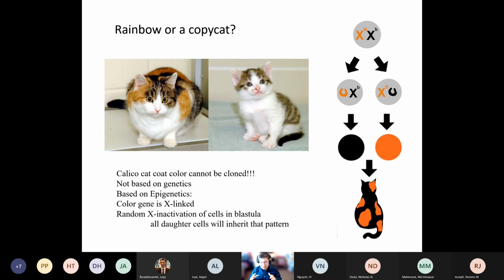It happens once the embryo is implanted. During the stage when you isolate embryonic stem cells, X inactivation will occur, and that process is random. So we can tell in a female.